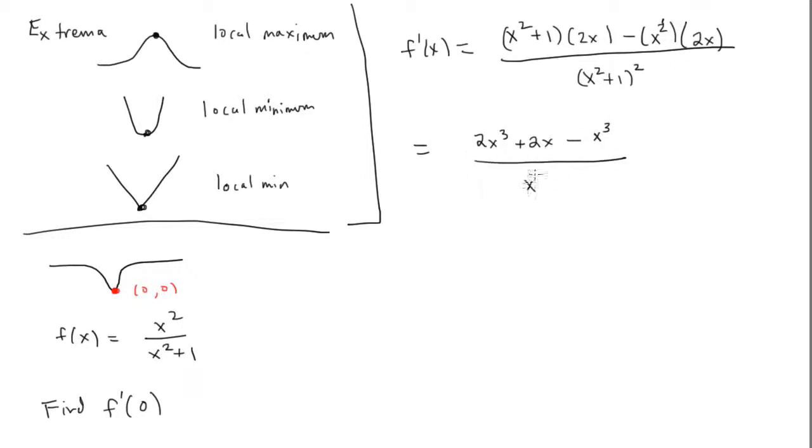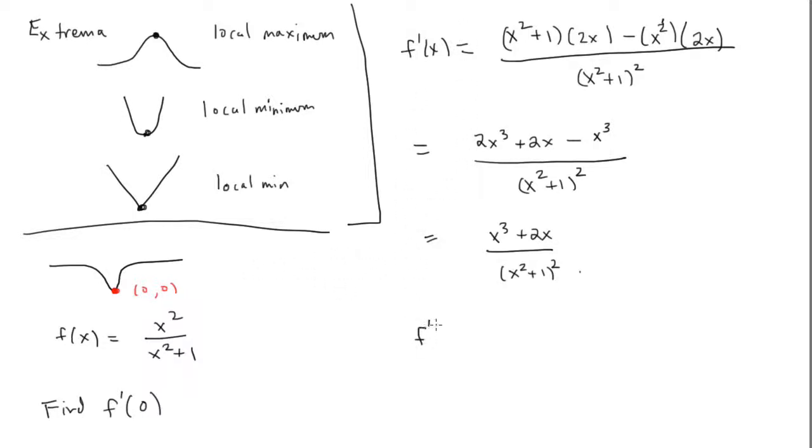And this will all be divided by x squared plus 1 squared. And then go one step further. 2x cubed minus x cubed is just x cubed. So we've got x cubed plus 2x all divided by that stuff. Okay, so that's f prime of x.